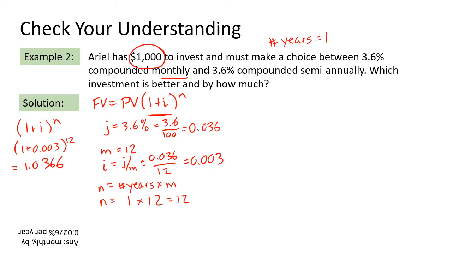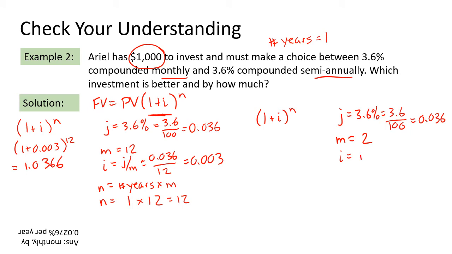Okay? The second one is 3.6% compounded semi-annually. So again, our formula is 1 plus I to the exponent n. Our nominal interest rate again is 3.6%, which is 3.6 divided by 100, or 0.036. Our number of compounding periods, m, is equal to 2 because it's semi-annually.